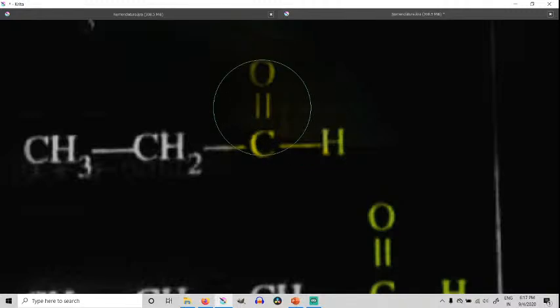For aldehydes, we use al as a secondary suffix. So the IUPAC name will be prop plus an plus al, propanal. Yes or no? Understood or not understood?